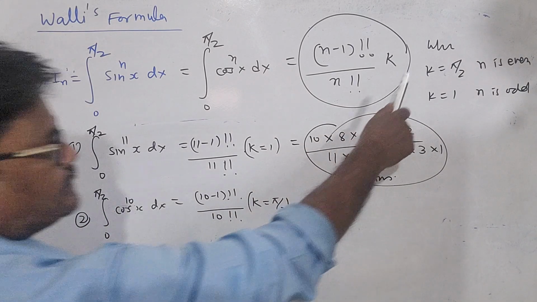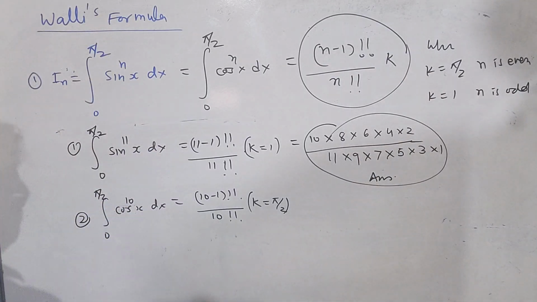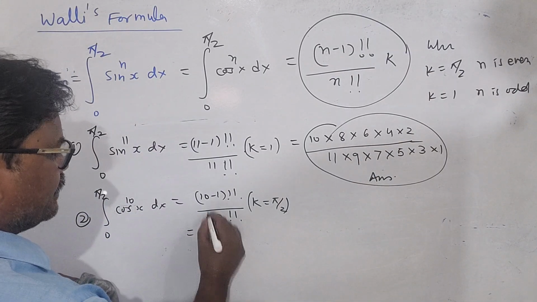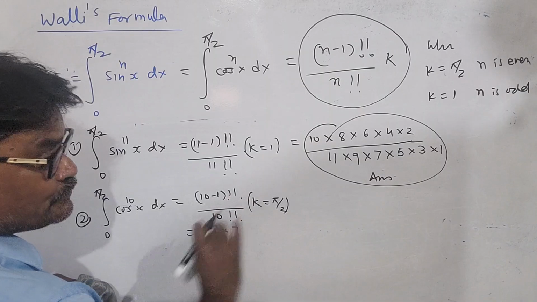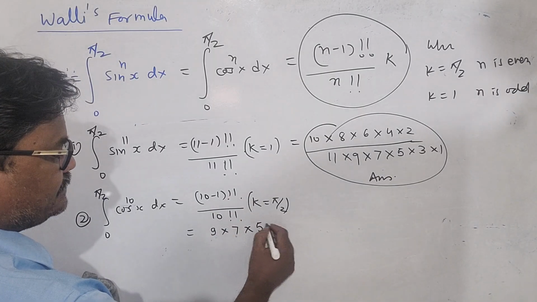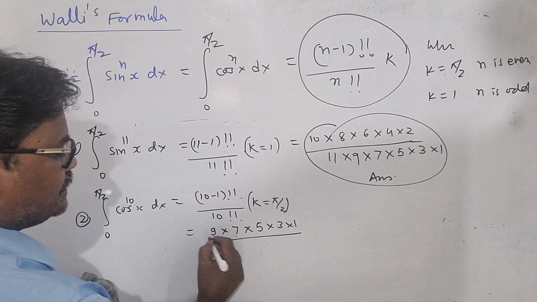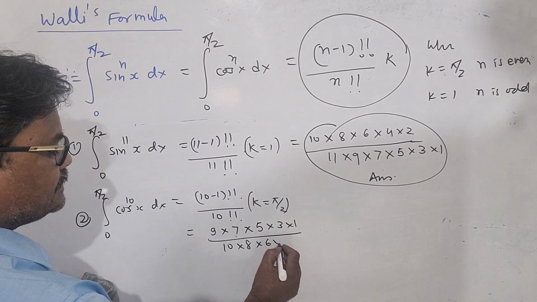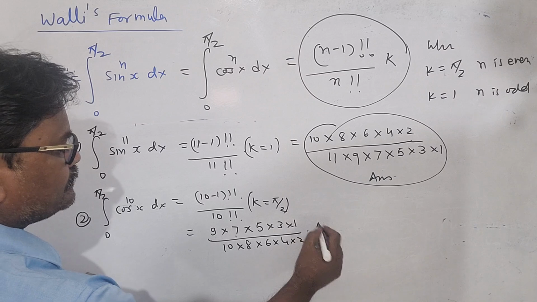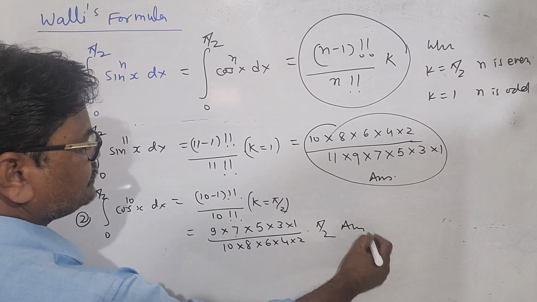For even, k is pi by 2. So therefore this is simply 9 into 7 into 5, 3 into 1 over 10 into 8, 6, 4 into 2, and of course this pi by 2. This is your answer, correct?